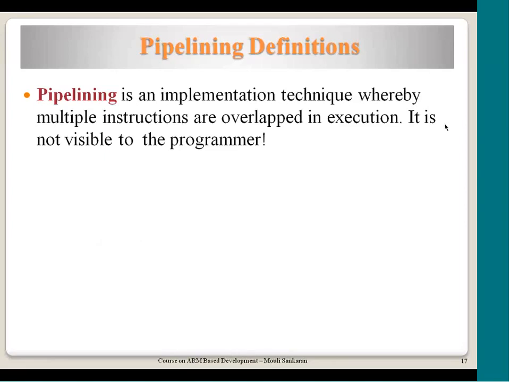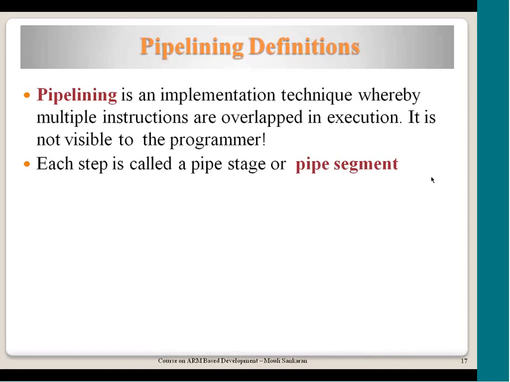This is an implementation technique where multiple instructions are overlapped in execution, which is not visible to the programmer. From the programmer's perspective, instructions get executed in one clock cycle, but internally it is divided into multiple steps and then they get executed. We will talk about how it is done.